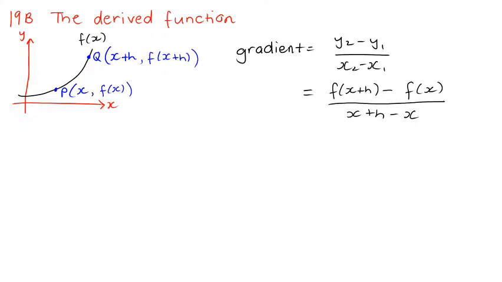Right, this is all from last lesson. We've seen it before. What happens to this x and this minus x? Cancels out. So we're left with h on the bottom.